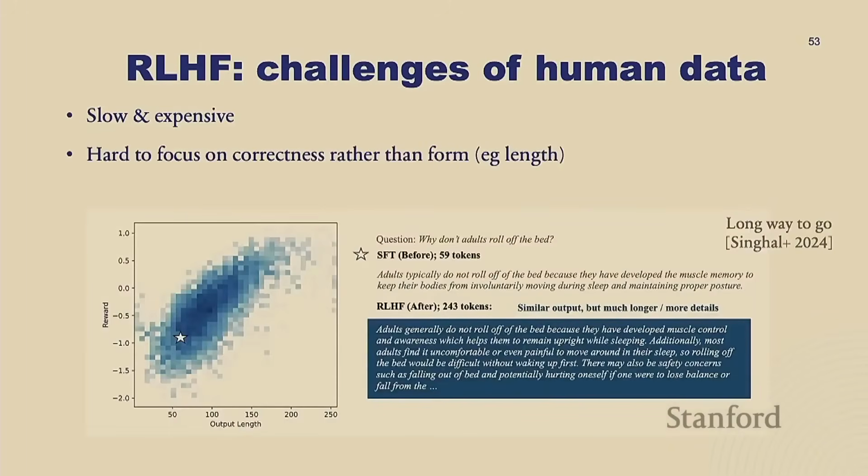Second, as I just mentioned, it's hard to focus on things that matter, like correctness. People usually look at things that don't matter as much, like the form, like length. What I show here is that the more RLHF you do, the longer the output of the models becomes. So if you've ever been annoyed at ChatGPT answering you with super long sentences, this is because of RLHF.